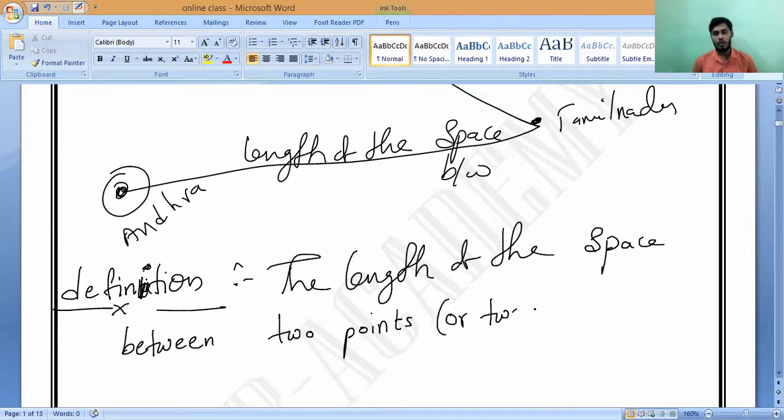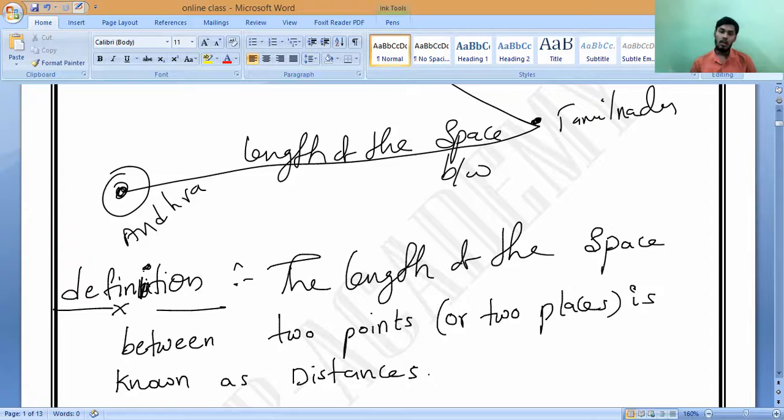You can take not only 2 points, but 2 places. It is known as distance.